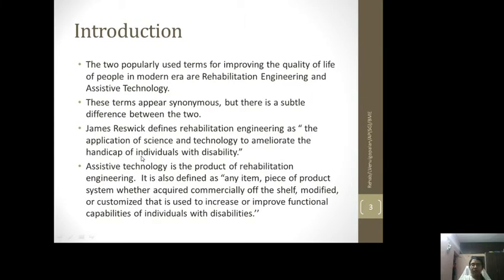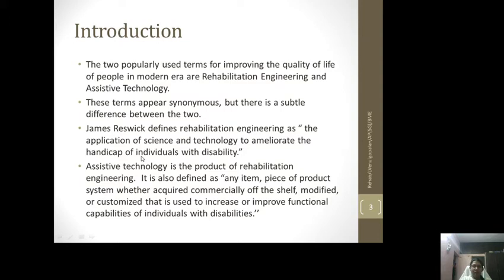So two terms that we popularly encounter are rehabilitation engineering and assistive technology. Now, these two terms are often used synonymously. However, there's a subtle difference between the two.